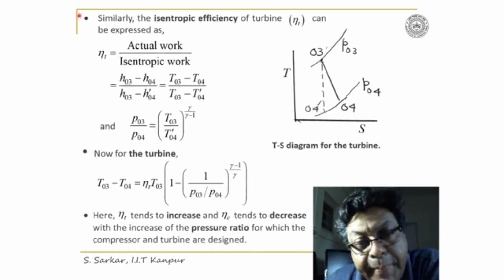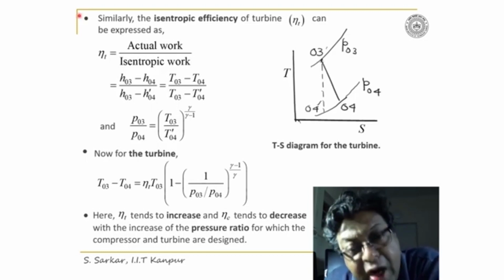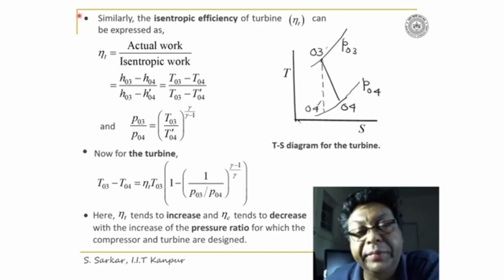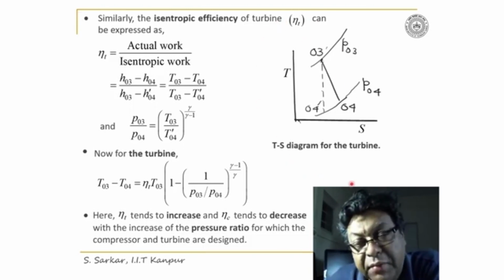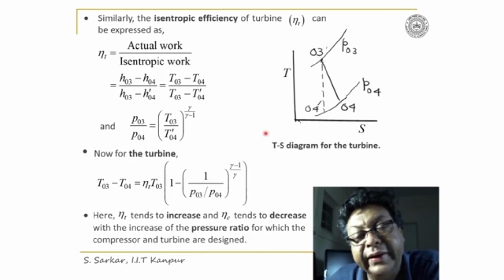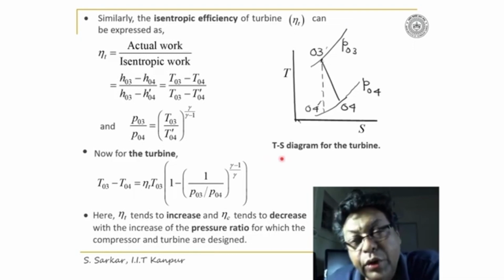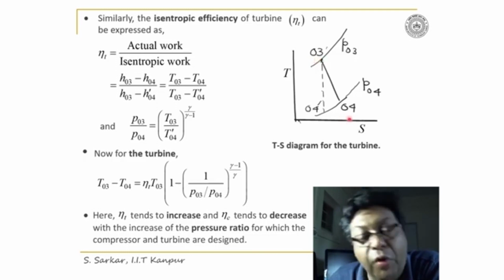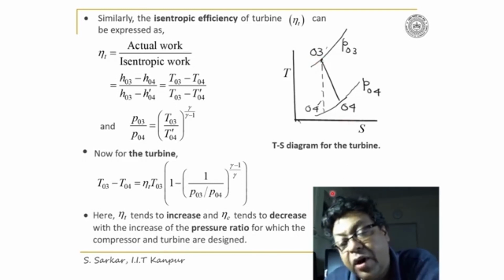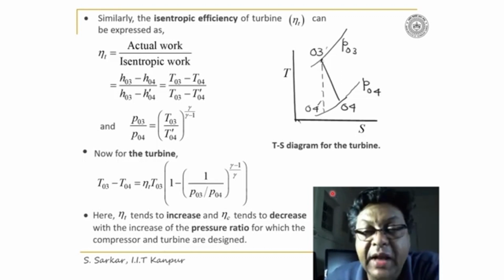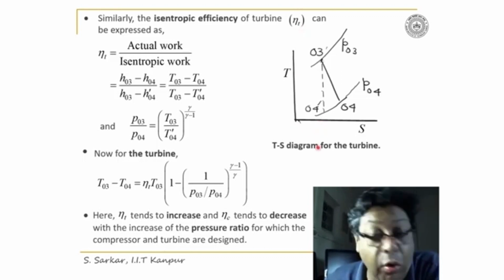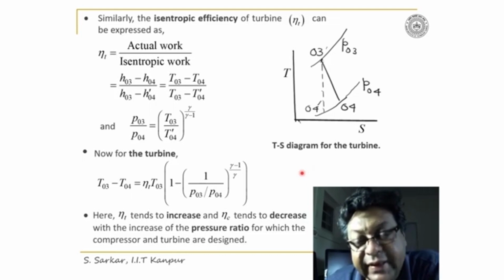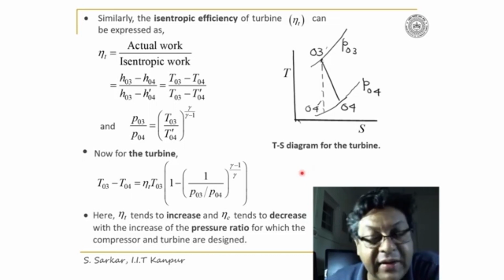Similarly, I can define the isentropic efficiency of a turbine. Thus, flow through the turbine has been illustrated here in the TS diagram, where 03 to 04 represents the actual expansion where entropy has increased, and 03 to 04 dash indicates the isentropic expansion.